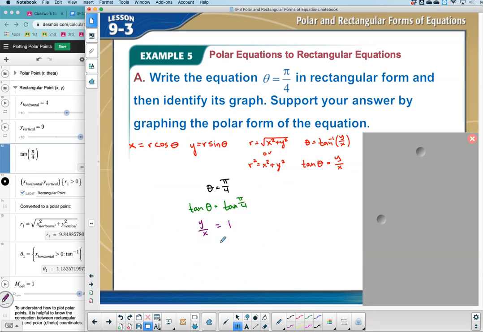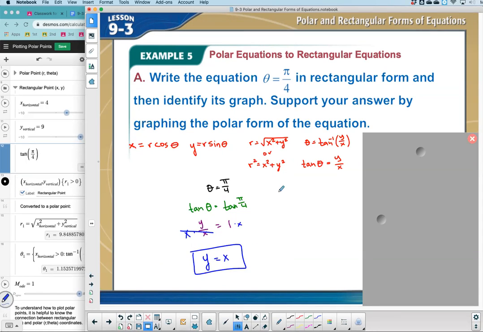Now that I'm in rectangular, for most rectangular functions, if they're not dealing with squares where x and y are both squared, you will get y by itself. Right now y is not isolated, it's being divided by x, so I would multiply both sides by x. We get y equals 1x, or y equals x.